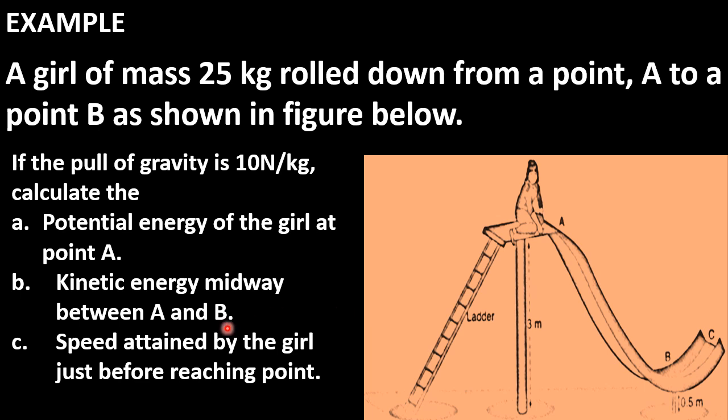And then we can also calculate the speed attained by the girl just before reaching point B. Just before reaching point B, what is her speed? All these questions can be answered based on the law of energy conversion.